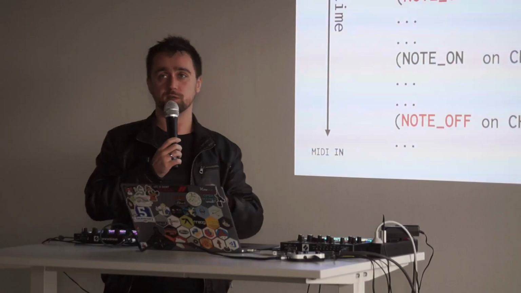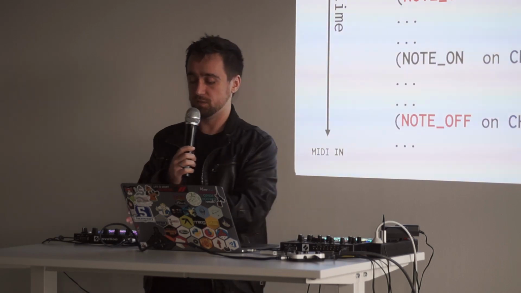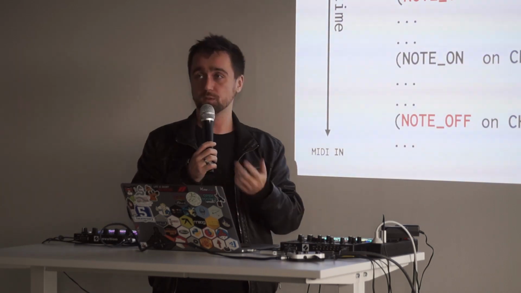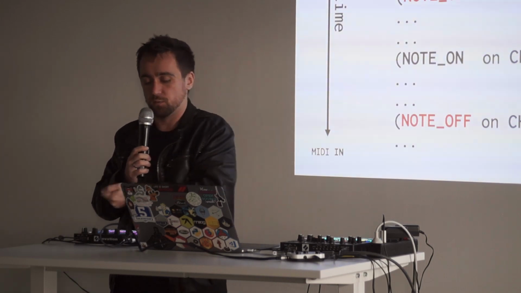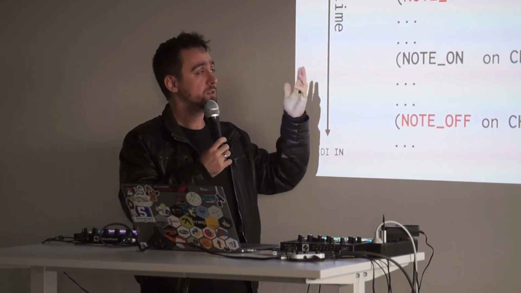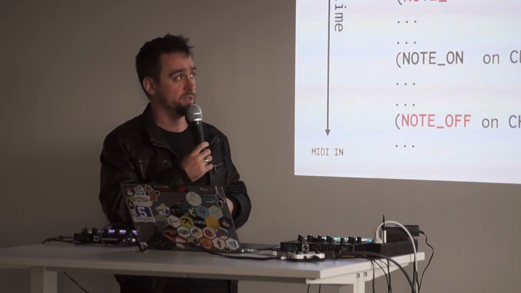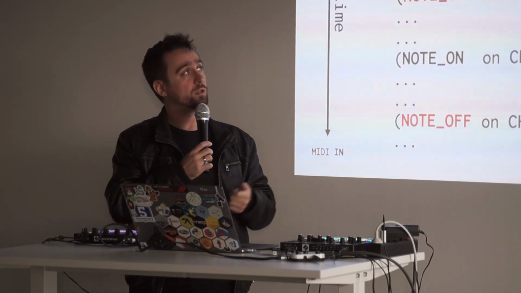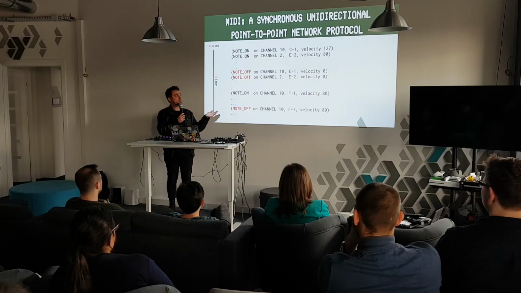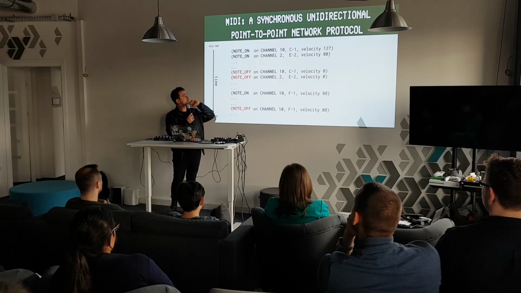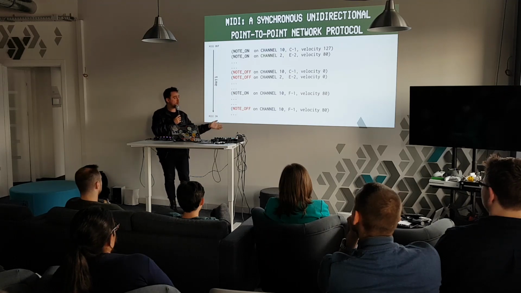There are different channels, because if you wanted to have a piece of hardware that can support multiple sounds at the same time, it would be very frustrating to have a cable for each of those sounds. So there are 16 channels that MIDI supports on one connection. But essentially, this is it. This is how it literally looks on the wire. There's a command saying on a given channel, play a note, and after a while, stop playing a note.